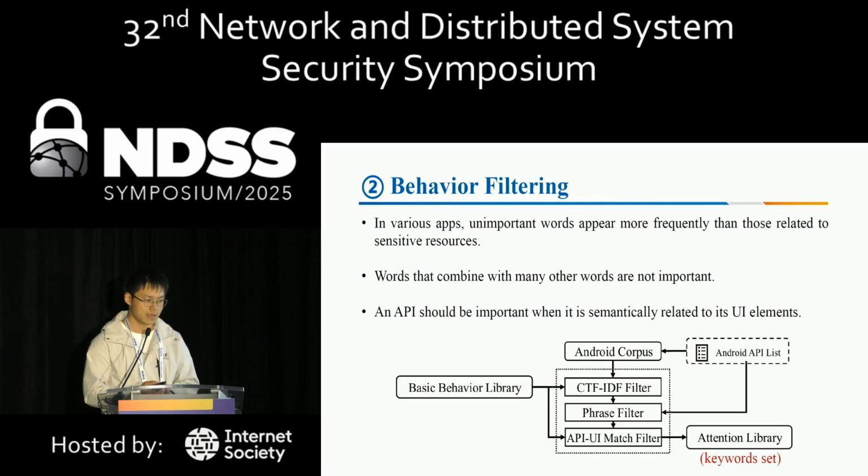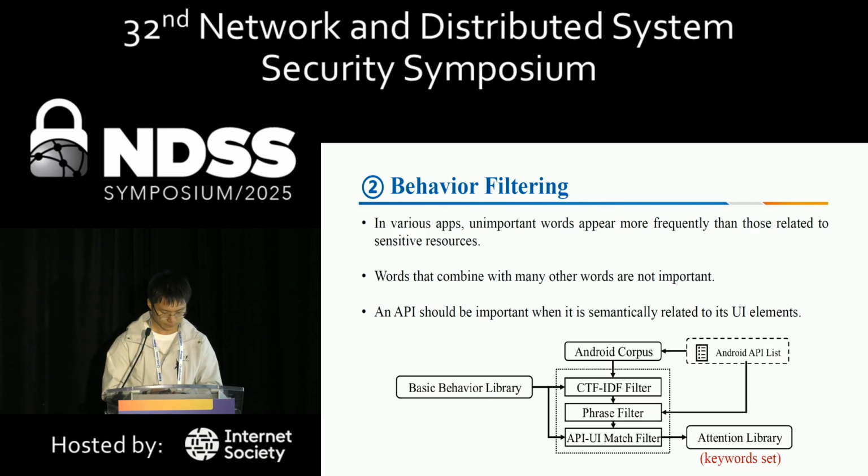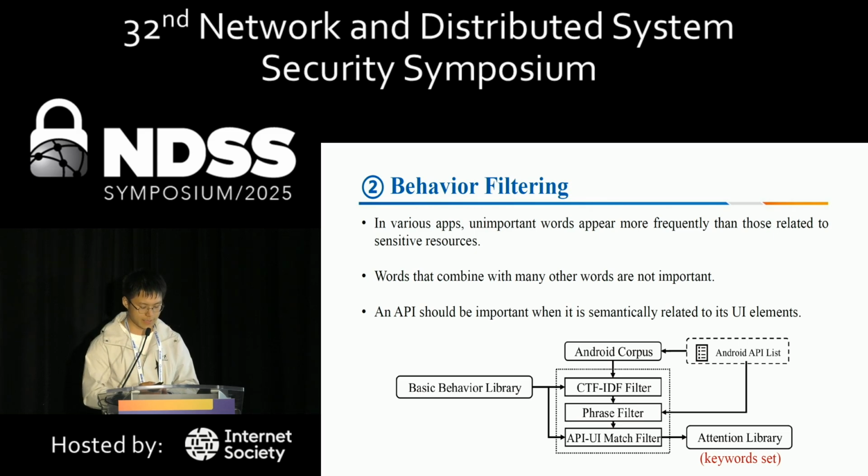And thirdly, an API should be important when it's thematically related to UI elements. According to the three findings, we built the attention library. If a behavior's API doesn't contain any keywords from the attention library, this behavior is not considered.